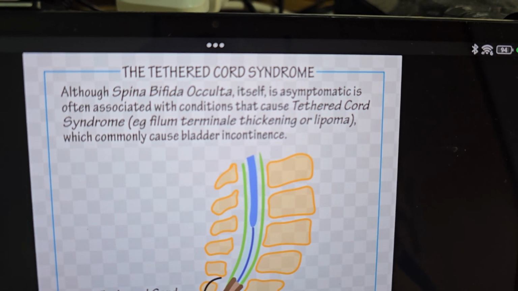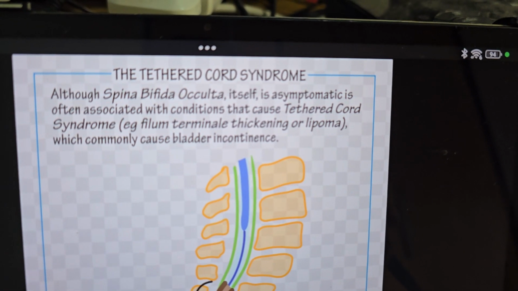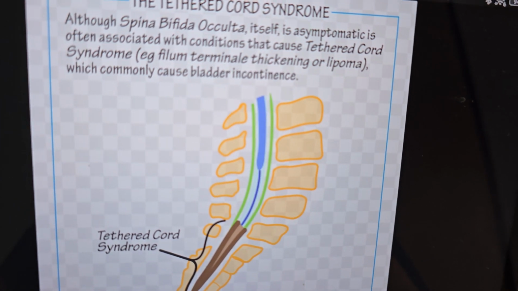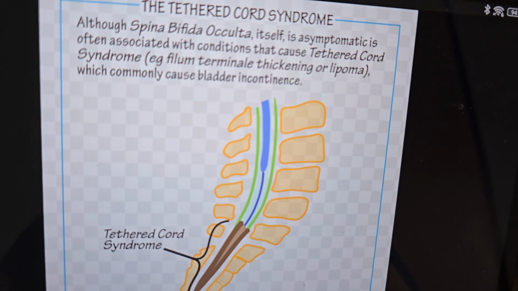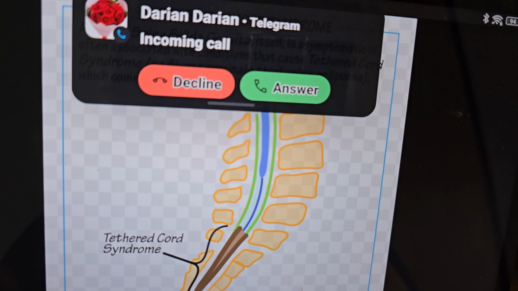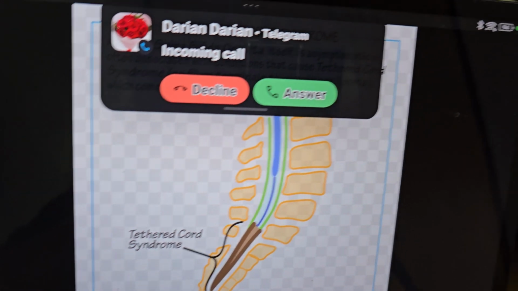Tethered cord syndrome is a well recognized cause of deterioration in patients with myelomeningocele, with an estimated one third of patients requiring spinal cord untethering in childhood.